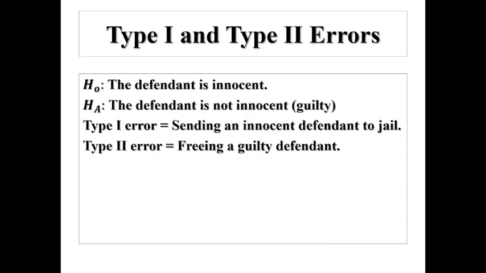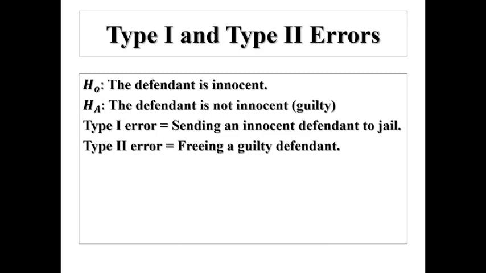Now, I wanted to ask, since we may make mistakes, the jury may make mistakes of type 1 error or type 2 error, okay? Which type of error do you think is more serious? Type 1. Yeah. You put, sending an innocent defendant to jail, right? And this one is just freeing a guilty defendant.